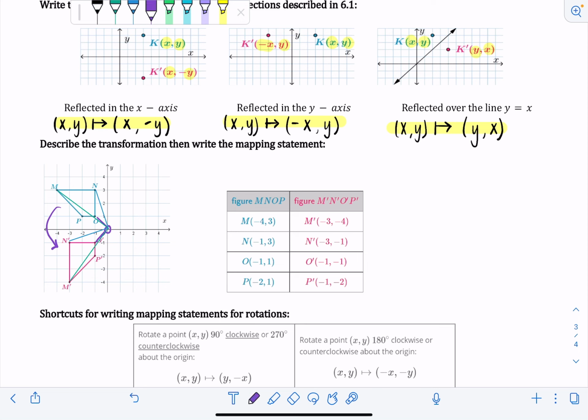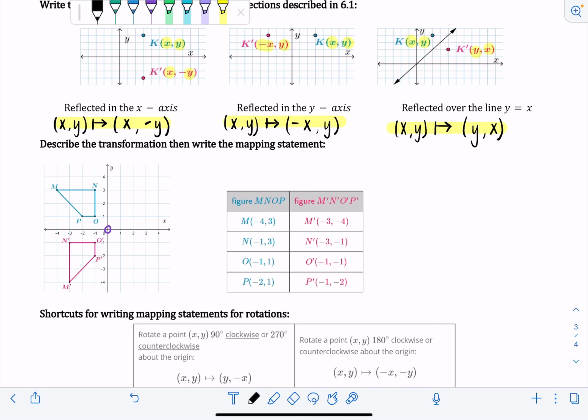And then with P and P prime, another right angle. So all these segments connecting the point from the pre-image to the image are forming a 90-degree angle. So this must be a 90-degree rotation. So it's rotating 90 degrees about the origin.